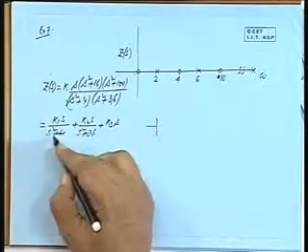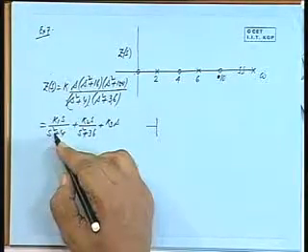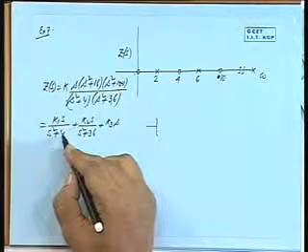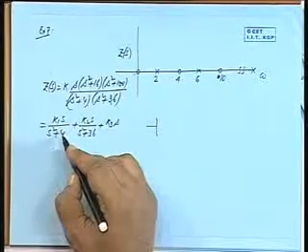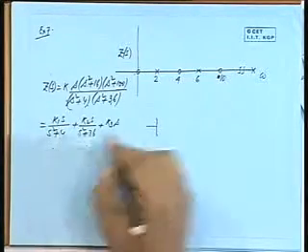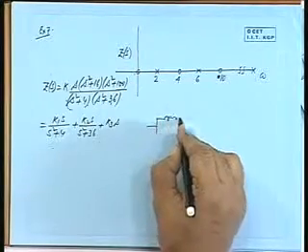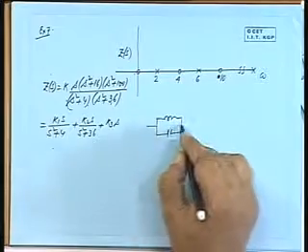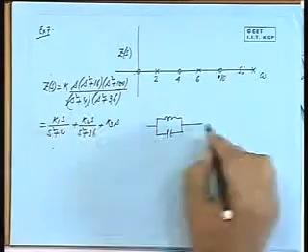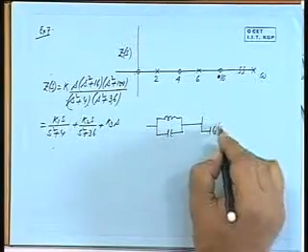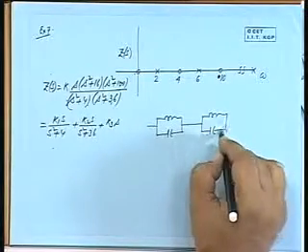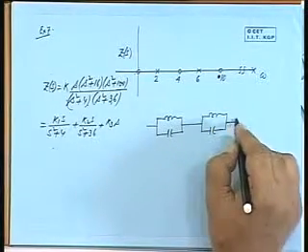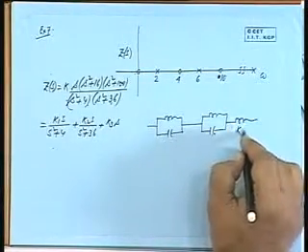Corresponding to each of these factors, S by S square plus some omega squared, there is an LC parallel combination, is it not? Similarly, there will be another one for this. And thirdly, it will be K3 Henry.